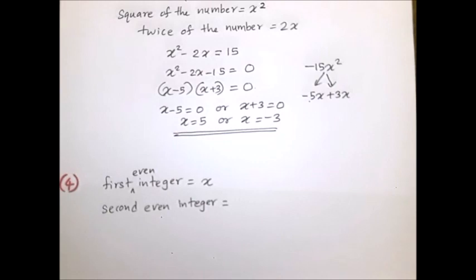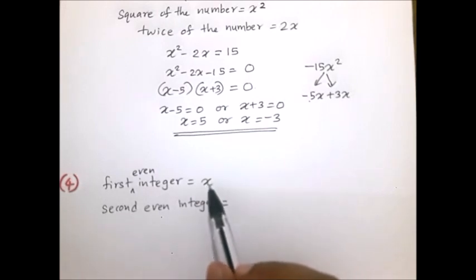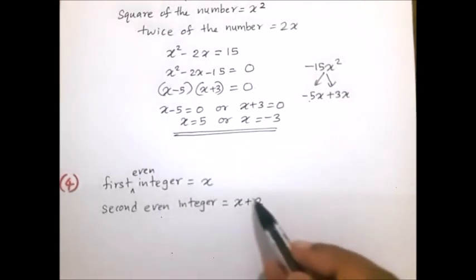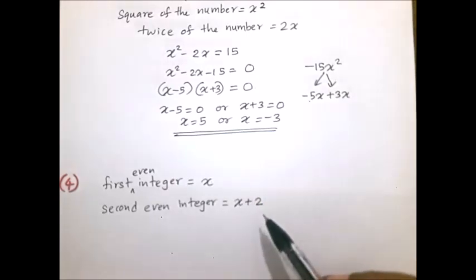What is the difference between two even integers? Even numbers are 2, 4, 6, 8, like that. The difference between two even numbers is 2. So if the first even integer is x, the second one is x plus 2.